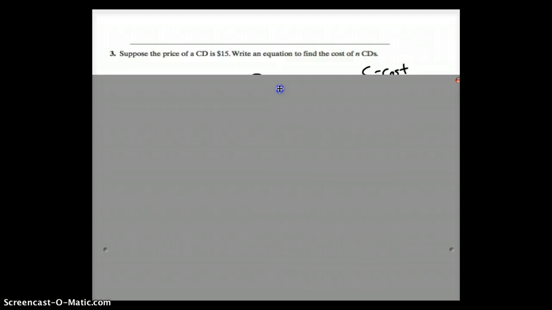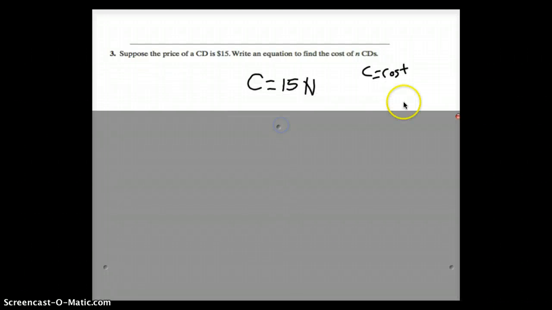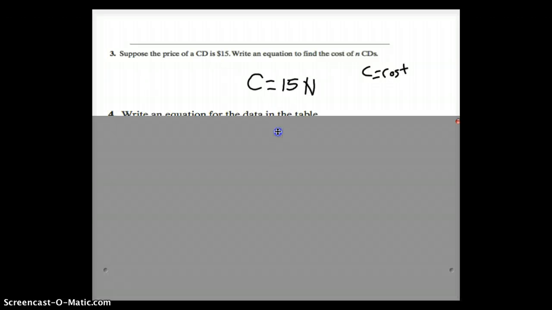What's happening? I'm multiplying the number of CDs by 15. So here I'm going to use C for my cost. And because I was asked to write an equation, my cost is going to equal 15 times n. And again, I don't use that multiplication symbol because it's understood now to be there.